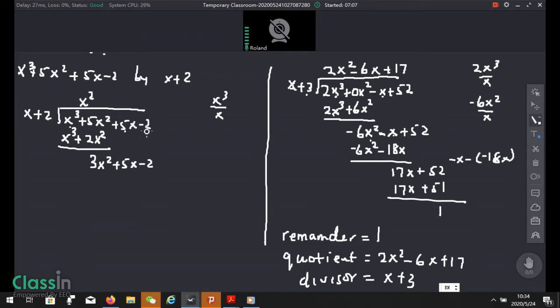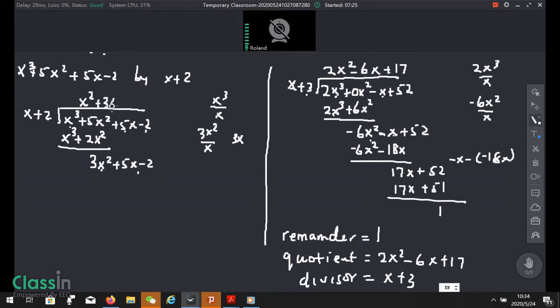We can repeat the procedure. We divide 3x squared by x, and we have 3x.